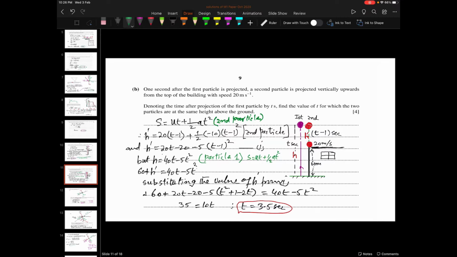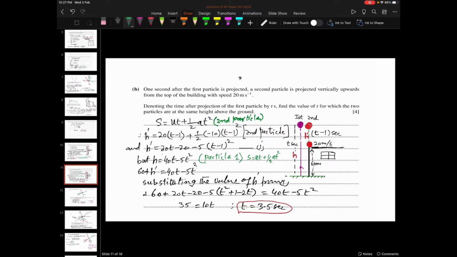Now, in order to find the height from the top of the building to the maximum height, we use the formula S is equal to ut plus half at square. So, in this way, we will find the height attained by the second particle.